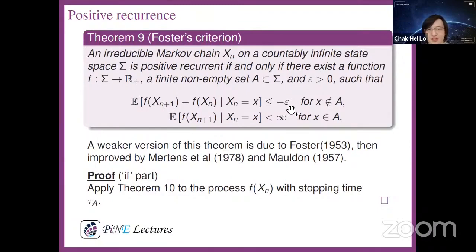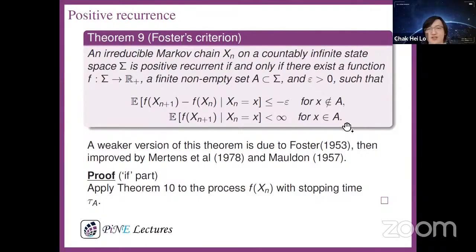So this condition is stronger than the one that we have seen before. For the recurrence criterion and transient criterion, we only need this thing to be less than or equal to 0. But here, we need this thing to be less than or equal to minus epsilon. And we also need the expectation of f(Xn plus 1), given the starting point, to be finite for anything that is inside the region A.